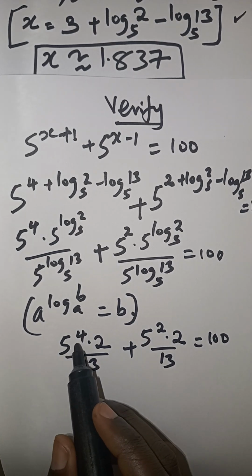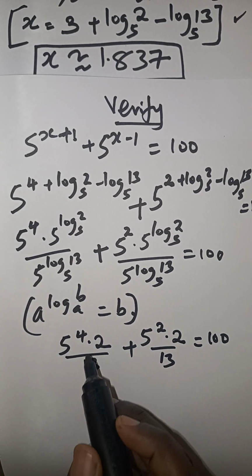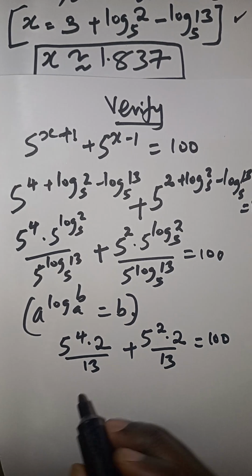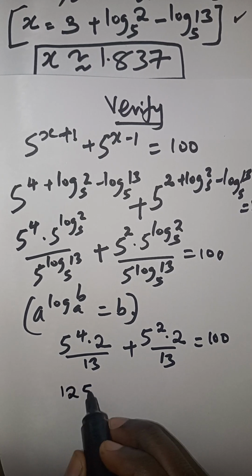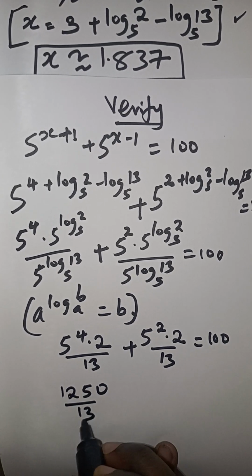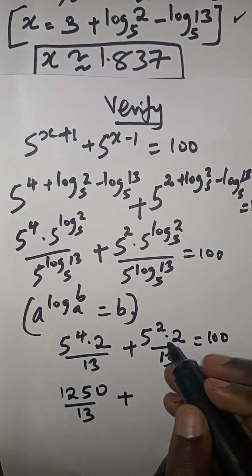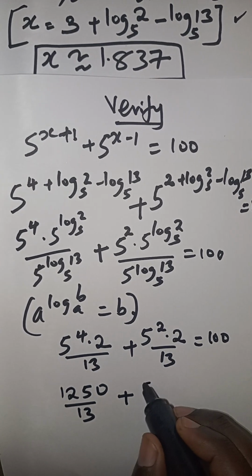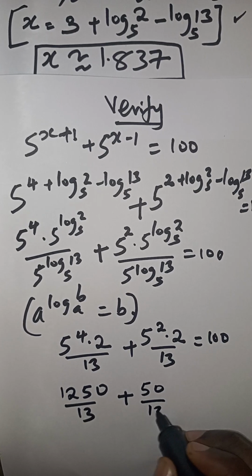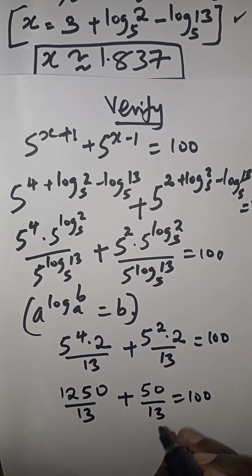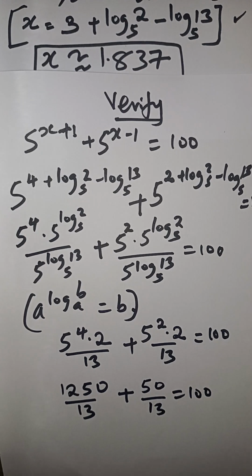So 5 to the power 4 is 625 times 2. I'm gonna get 1250 divided by 13 plus 5 to the power 2 is 25 times 2 is 50 divided by 13 equals to 100.